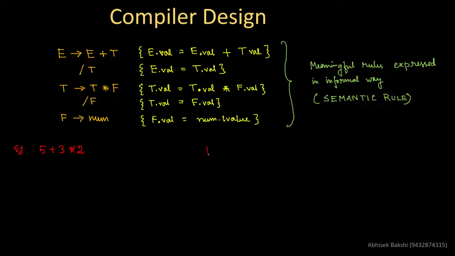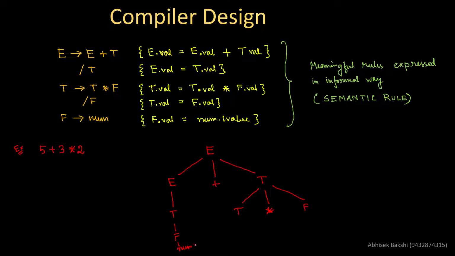So I will write E to E, then plus, then T over here, and then this T can be written as T, then star, then F. Then this E can be written as T, T can be written as F, and F can be written as some num.